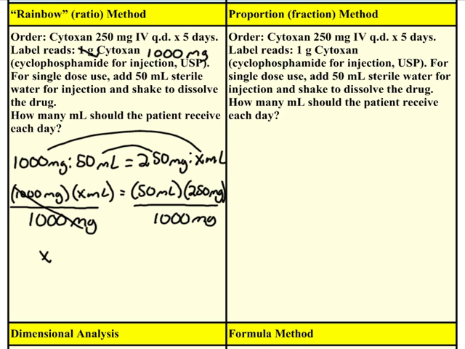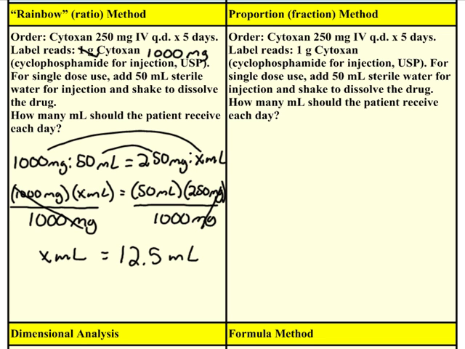On the left-hand side, the 1,000 milligrams cancel out. On the right-hand side, the units milligrams cancel. We then can multiply 50 milliliters times 250 divided by 1,000, and we discover we need to give 12.5 milliliters.